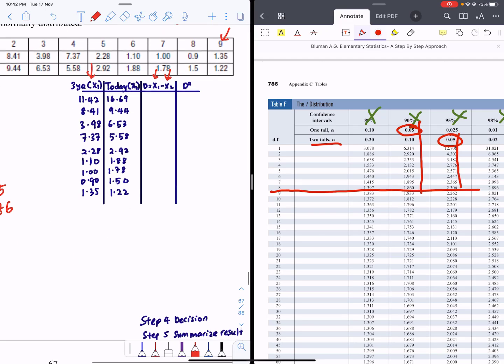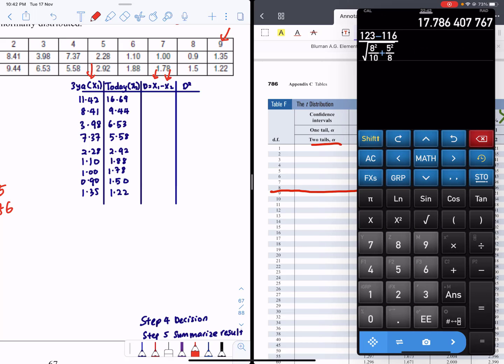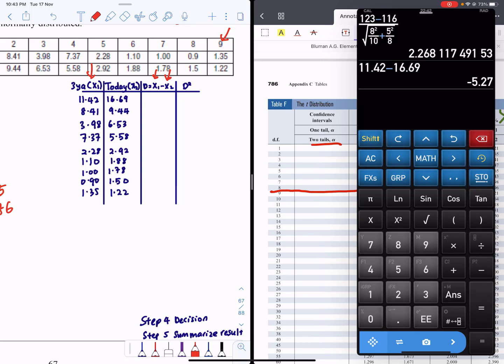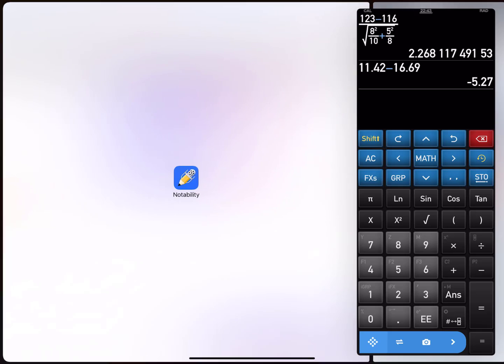You need to minus one by one using the calculator lah. I will not show lah. Takkan saya nak tunjuk juga. 11 tolak 82 tolak 69 negatif 5.27. Kamu boleh buat lah sampai habis kan. Benda mudah. Macam ni takkan saya nak tunjuk.